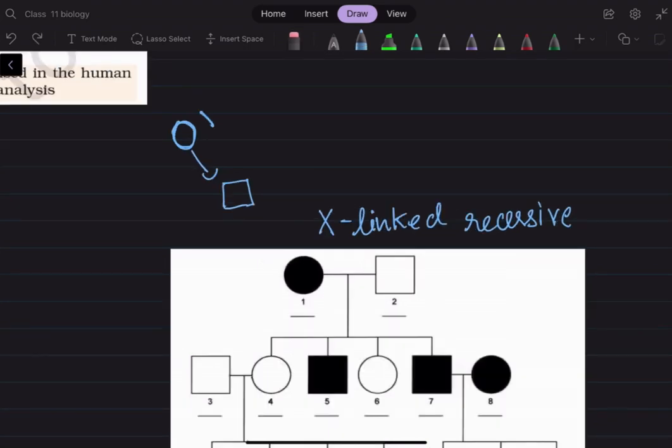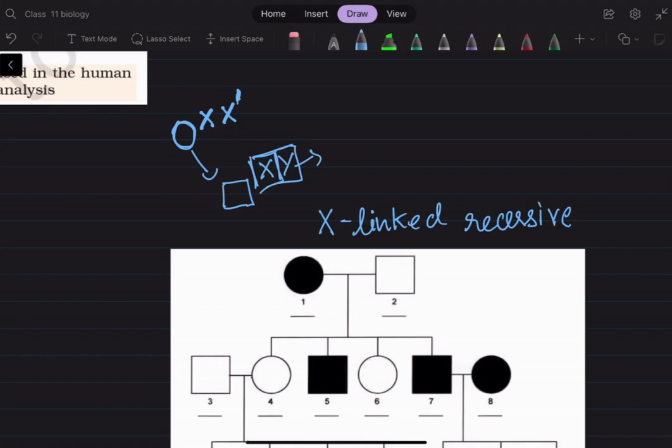Because we know that the disease is present on the X. Let us say either one of the chromosomes is defective. When a male progeny is born, we have X and Y. This Y chromosome always comes from the father, whereas the X always comes from the mother.